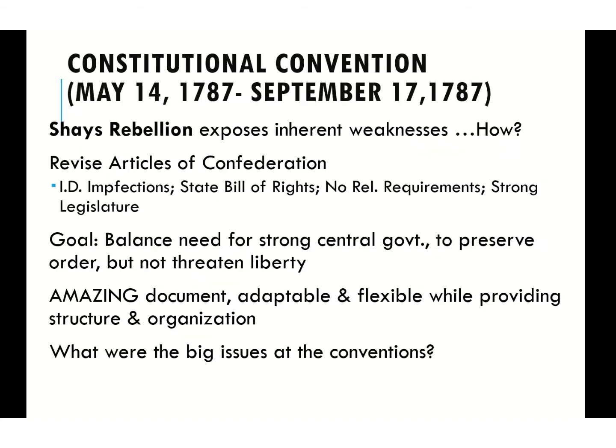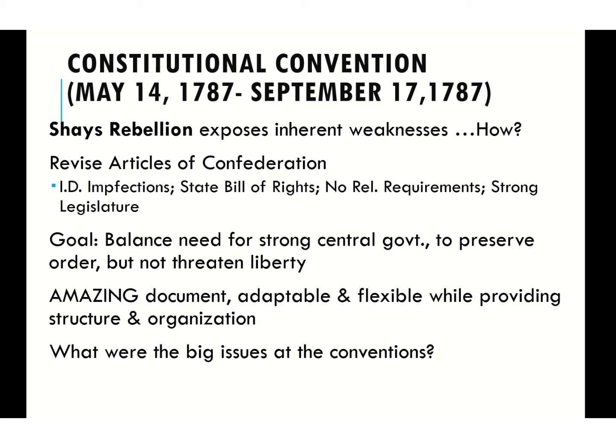Now, the Constitutional Convention, May 14th, 1787 until September 17th, 1787. Shays' Rebellion really was your impetus at that point, exposing inherent weaknesses in our government. The government wasn't able to regulate trade between the states. It wasn't able to create a uniformity for our country in how states were going to deal with each other.